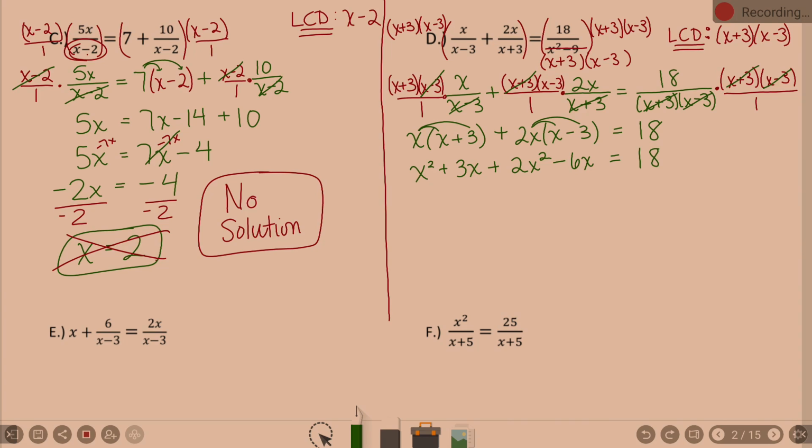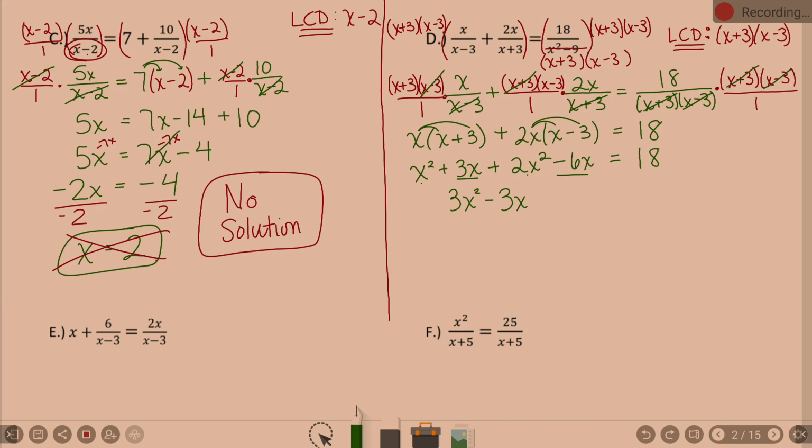Okay, what can I do? Like terms? X squared plus 2x squared is 3x squared. What else? 3x minus 6x is minus 3x.